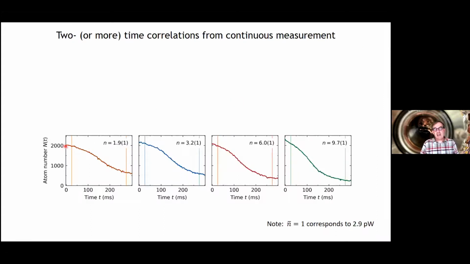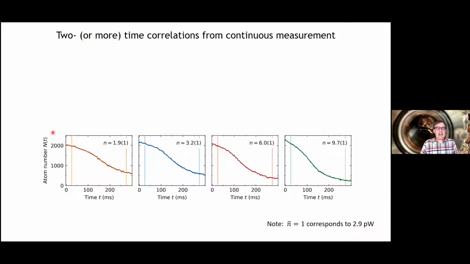So this is like a single run of the experiment where about 2,000 atoms undergo evaporative cooling down to about 500 atoms. And we probe these atoms continually with our optical probe, albeit a very weak optical probe, one that only uses 6 picowatts of light.